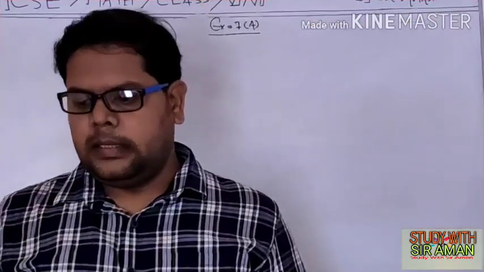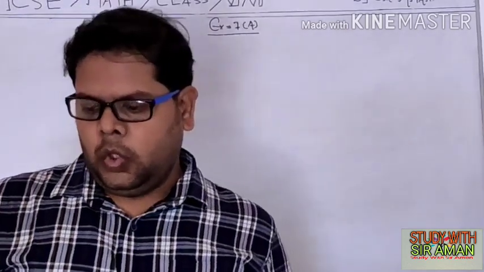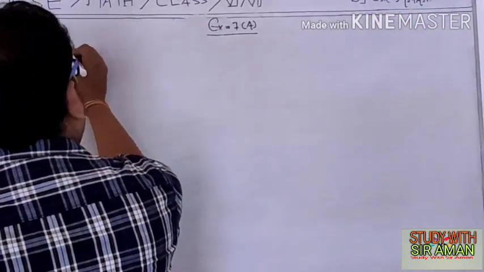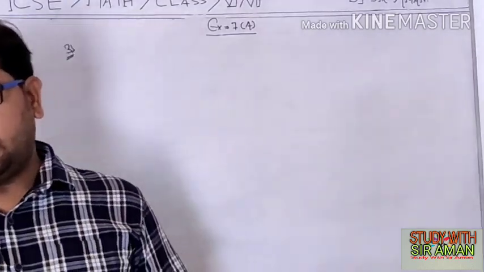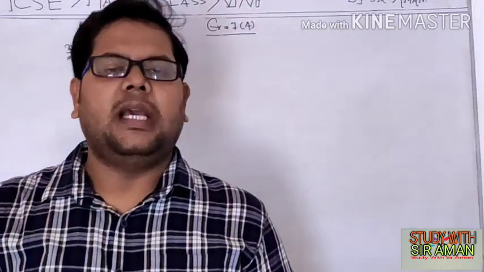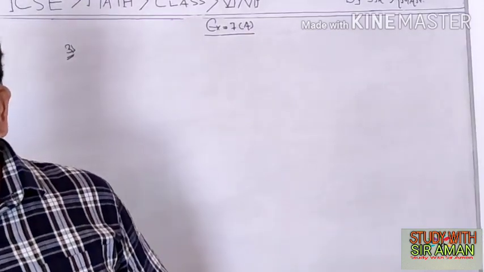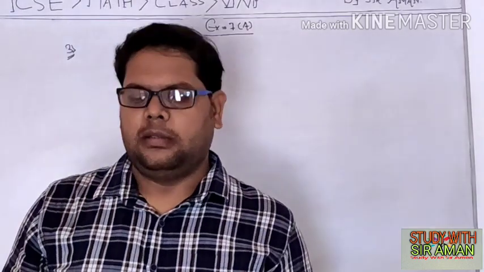Come, let us see another example of inverse or indirect variation. Question number 3. What is the question? 8 men can complete a work in 6 hours. How many hours will 12 men take to complete the same work?